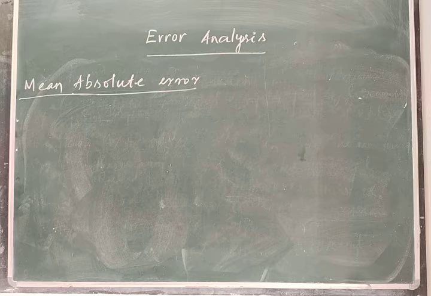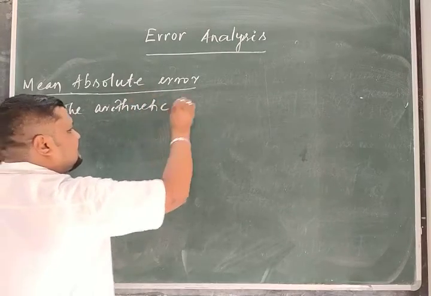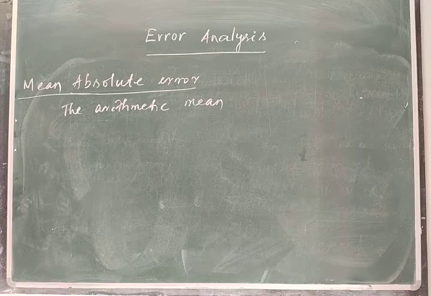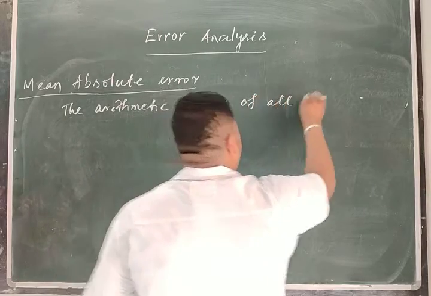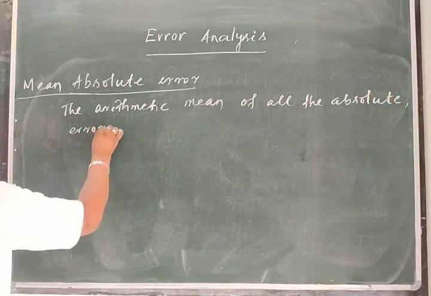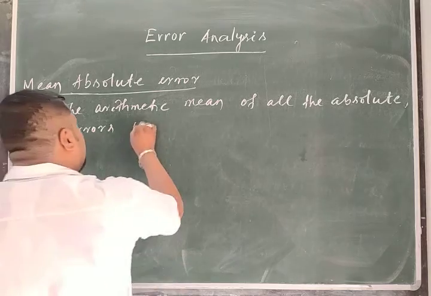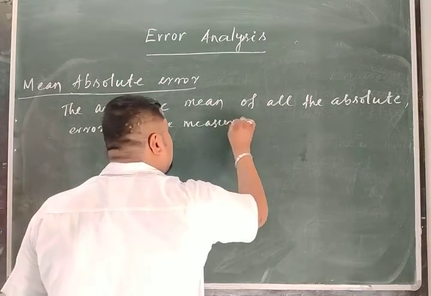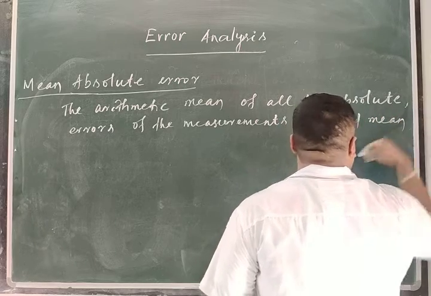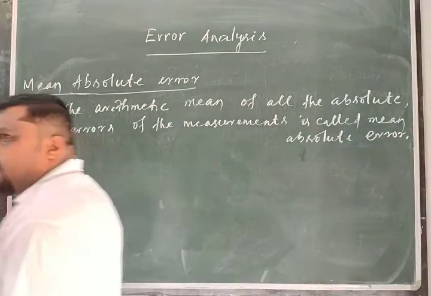The arithmetic mean, or average, of all the absolute errors of the measurements is called the mean absolute error. Clear? It's called mean absolute error.